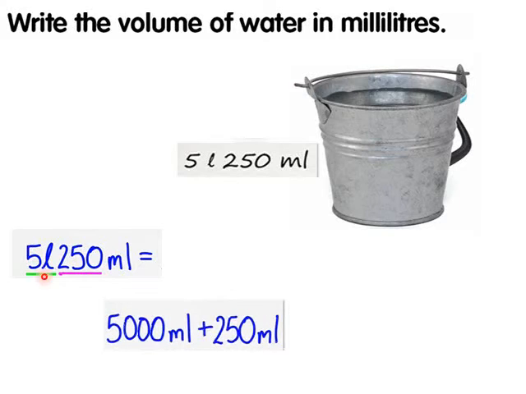So 5 multiplied by 1000 will give me 5000 milliliters. The 250 are already milliliters, so I won't change anything. So I will add 250 as it is. 5000 plus 250 will give me 5250 milliliters.